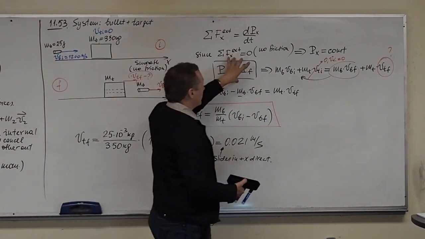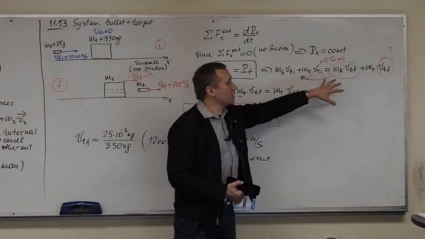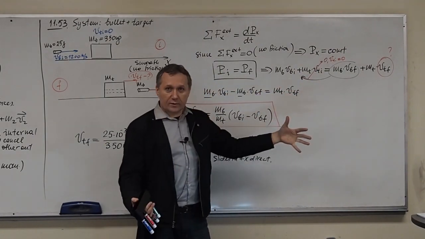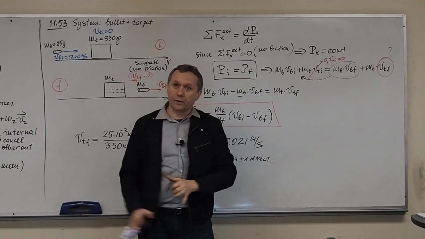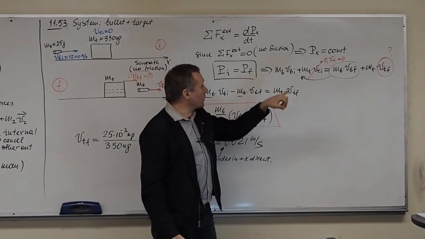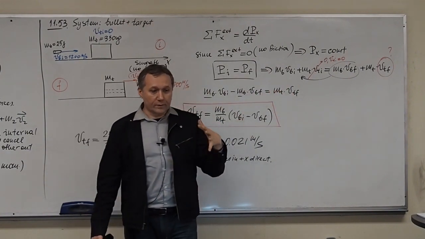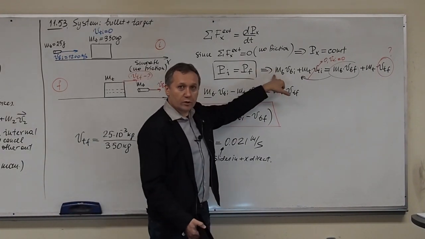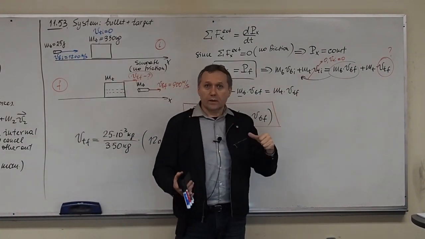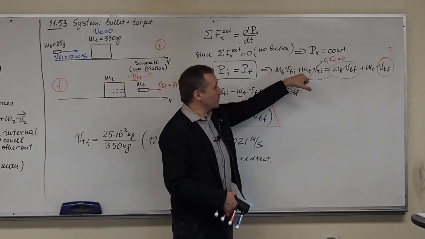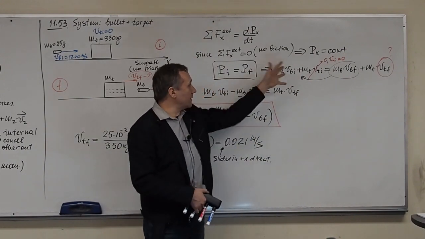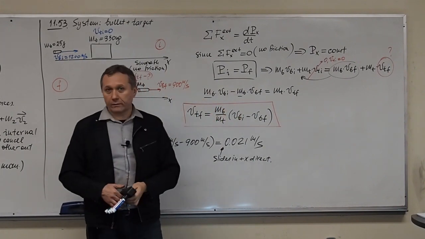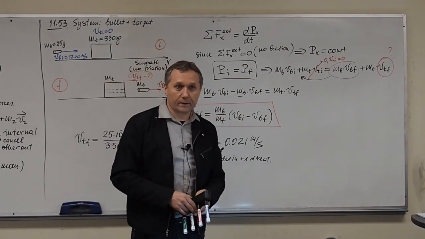Then I write down explicitly mv, mv, mv, but of course with the proper signs. We just need to look carefully at the directions. If an object moves in the positive x direction, its contribution to this equation is positive. If an object moves in the negative x direction, of course, the contribution must be negative. And then start analyzing and solve, if it's possible, for whatever needs to be found.